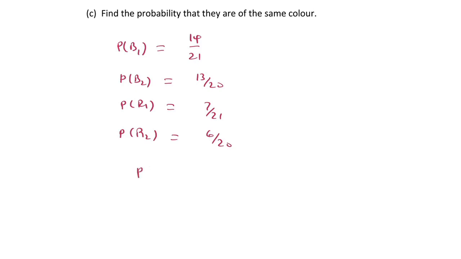Now to find the probability for the same color, we are going to take 14 over 21 times 13 over 20 plus 7 over 21 times 6 over 20. After solving the values, our final figure is going to be 8 over 35, and this is the probability needed.